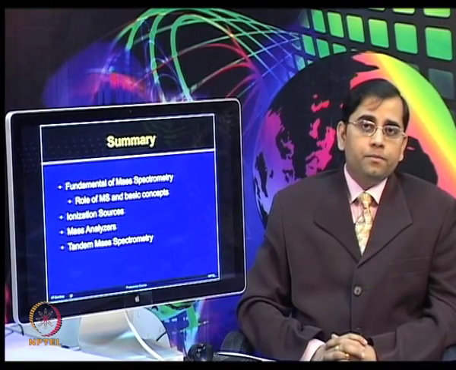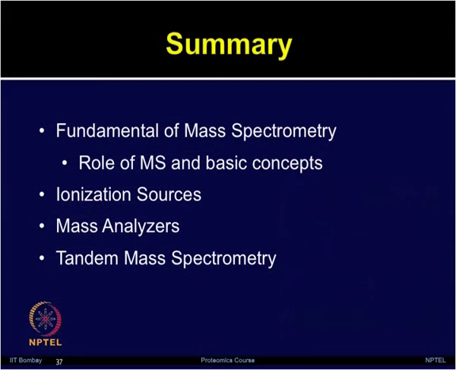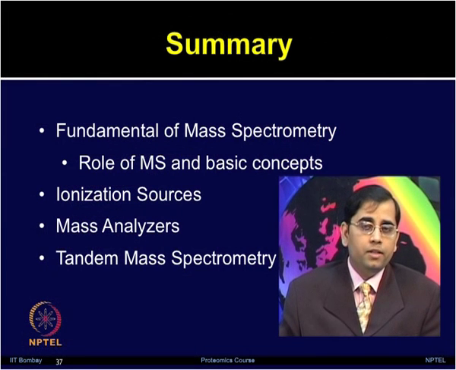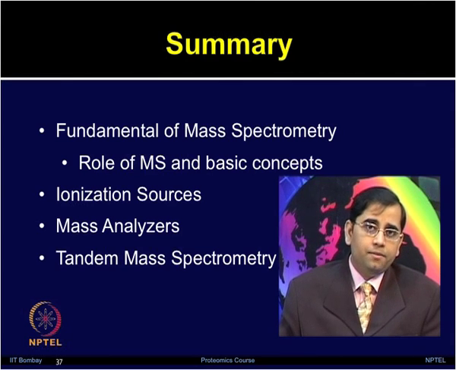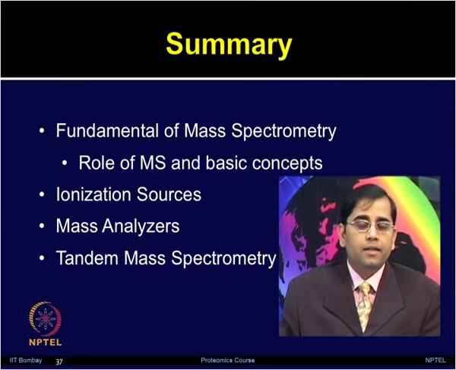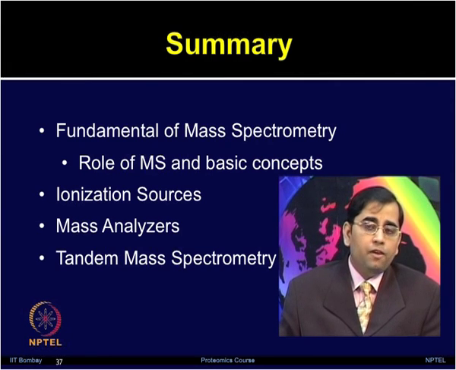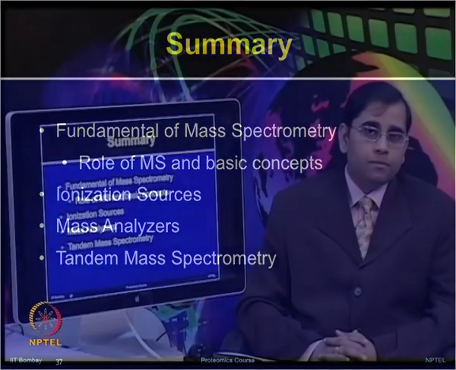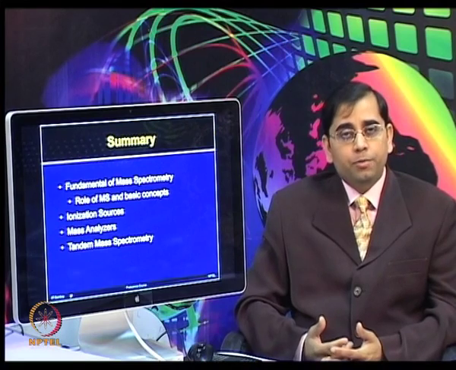So, in summary, today we talked about some of the fundamental concepts involved in mass spectrometry. We talked about different types of ionization sources, mass analyzers, detectors, and different terminology involved in evaluating the performance of these instruments. So, what should an ideal MS be?